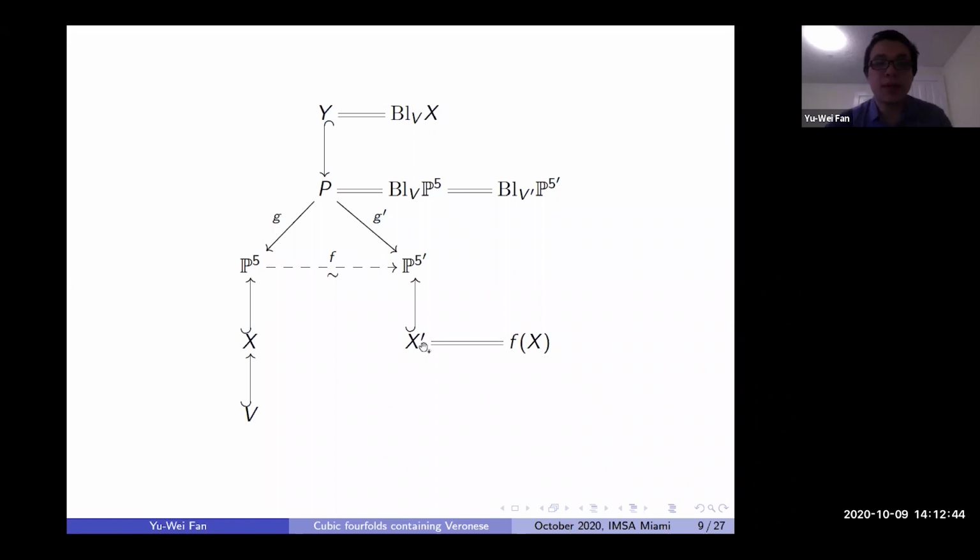There's a P, which is the common blowup of P5 along the Veronese on both sides. And Y is a divisor in P, which is the blowup of X along V. So we'll have this diagram.